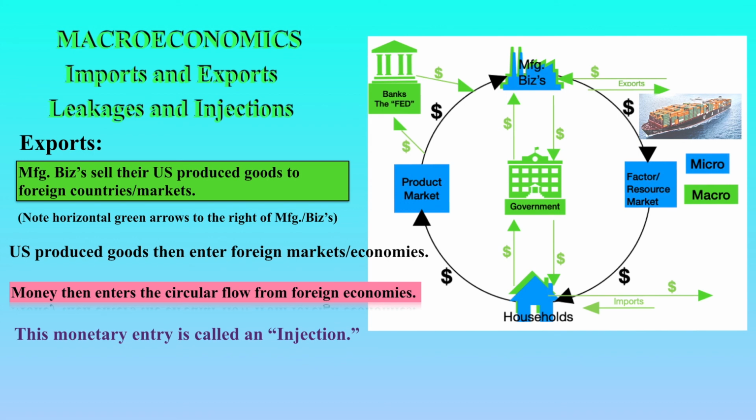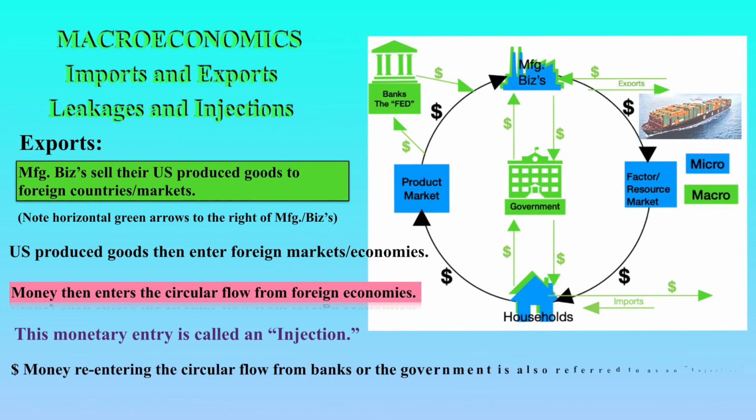So exports create an injection of funds, money, into the circular flow. It's also worthy of note that money re-entering the circular flow from banks or the government is also referred to as an injection. Money going into the government and the banks is called a leakage.